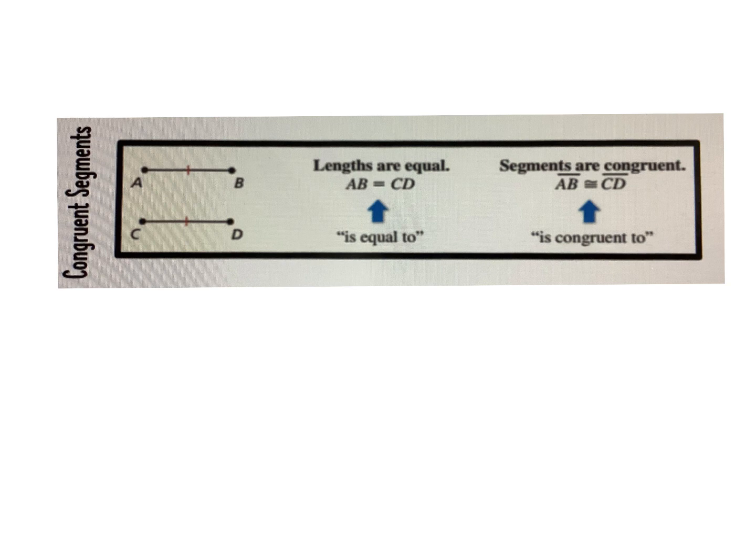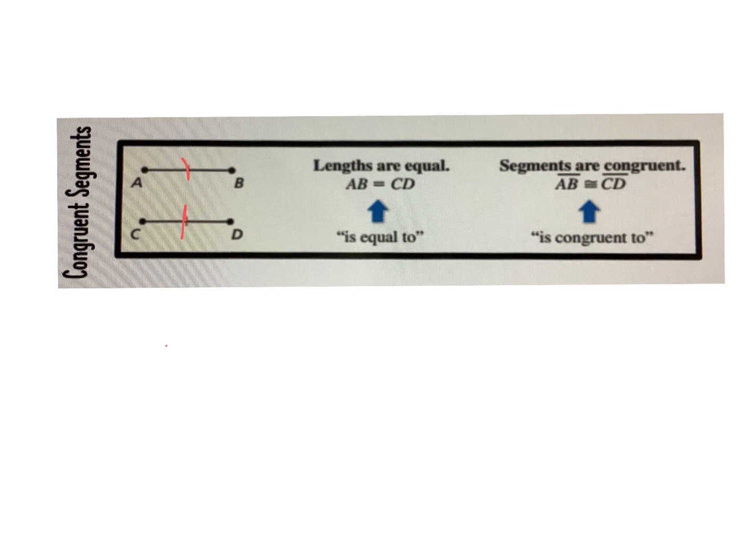All right, so we're going to talk about congruent segments. Congruent means equal to. Is congruent to is almost the same as equal to, but there's a slight difference between the two. As you notice, there's a hash mark here and a hash mark here. It's saying that the two segments are congruent to each other.